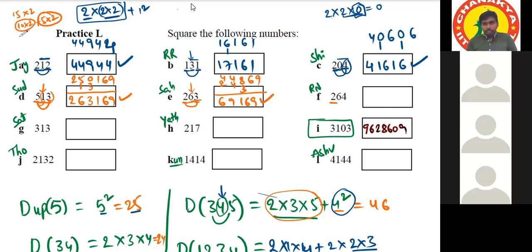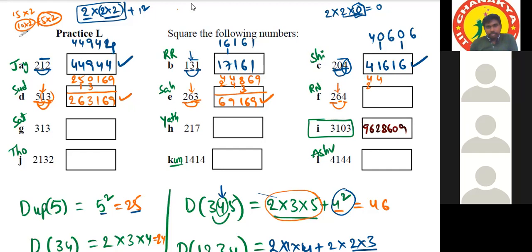Ritvik, proceed. Yes, sir. Sir, 2 duplex is 4. So then 2 into 2 into 6 is 24. Correct. And then 2 into 2 into 4, which is 16.